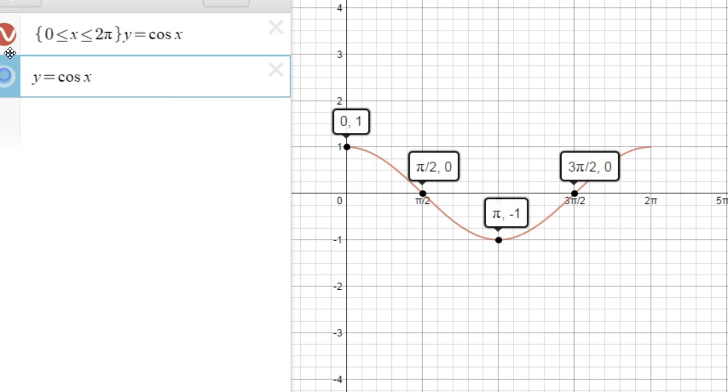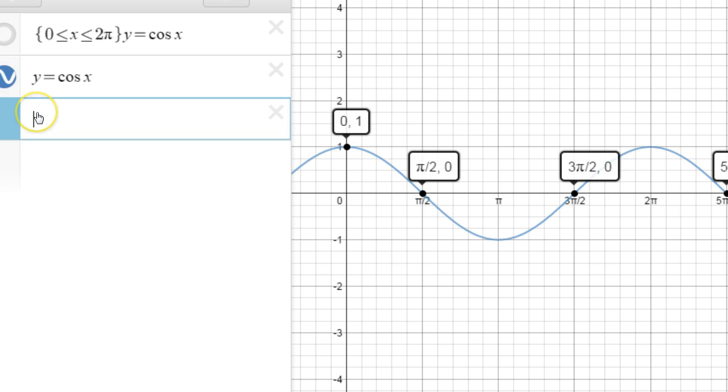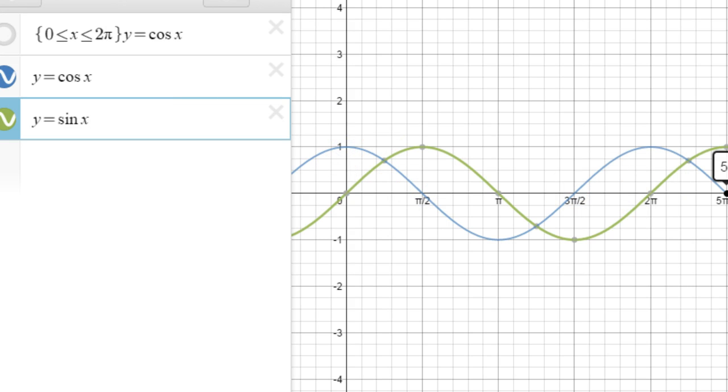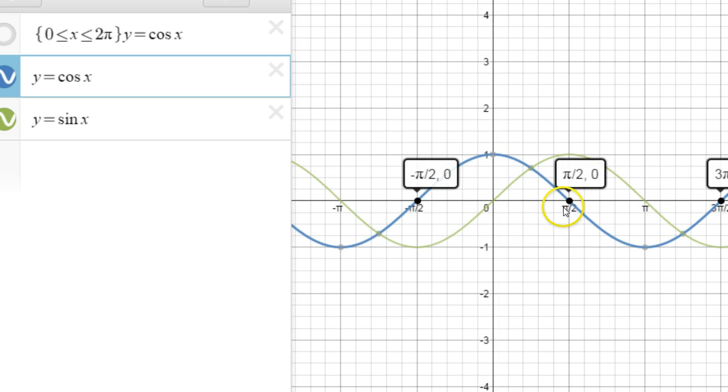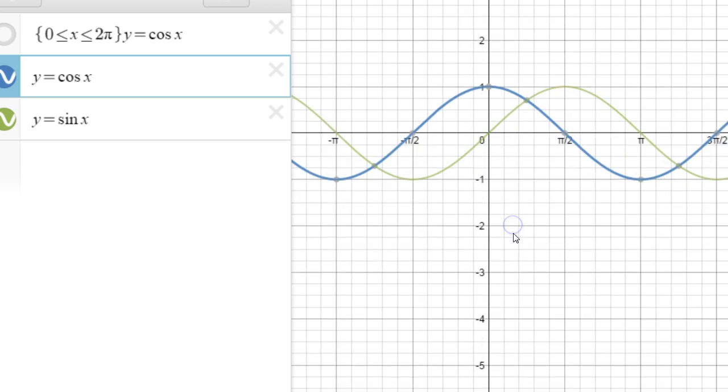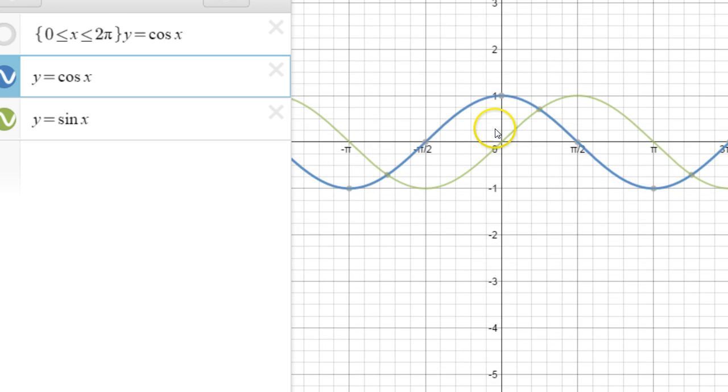Now, if I put these two right next to each other, let's go y equals sine of x, and let's get rid of these. Not only does it look like a double helix, but here's the cosine wave.